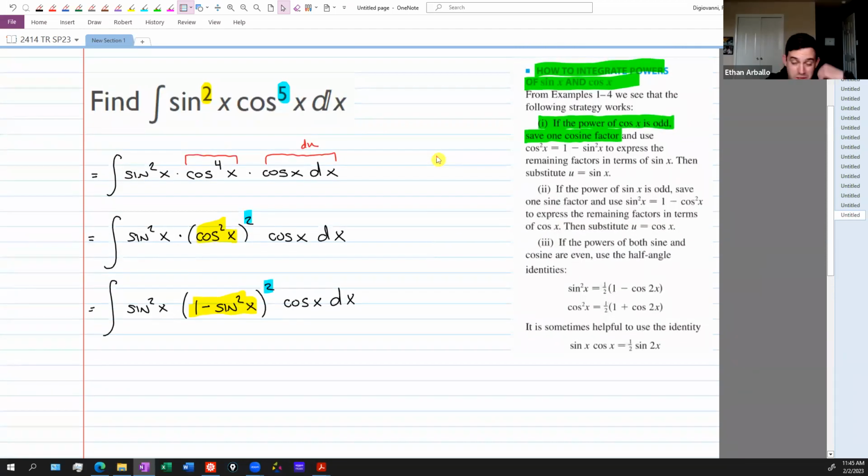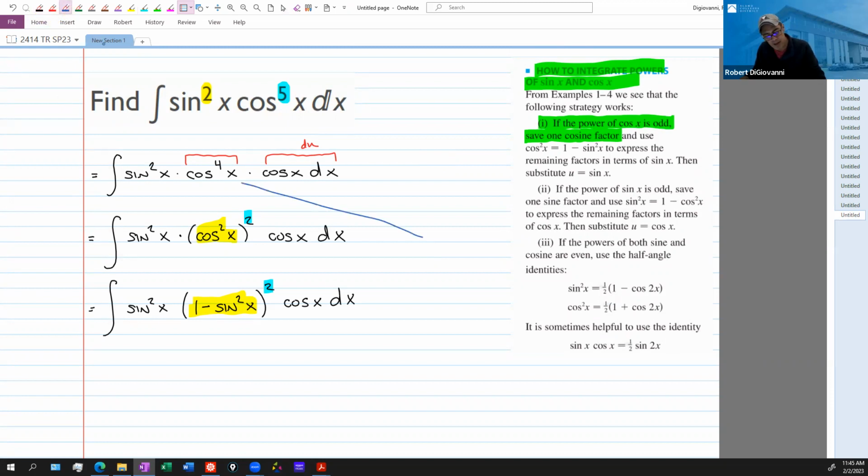This is going to sound probably stupid, but how did you turn that cosine to the fourth x into cosine squared x, all of it squared? Well, isn't that just cosine x to the fourth power? That's what that really means. But I could look at that as cosine x to the second power, squared, because when you take something to a power and then to a power again, you're just multiplying the powers.